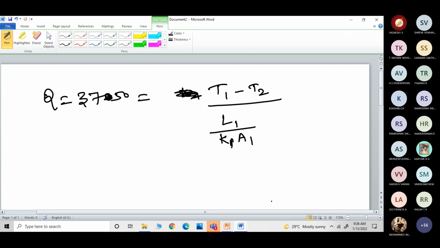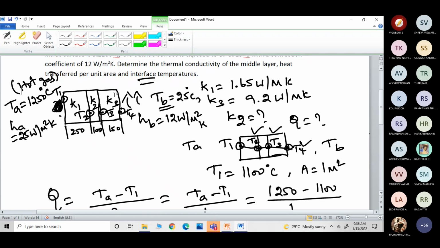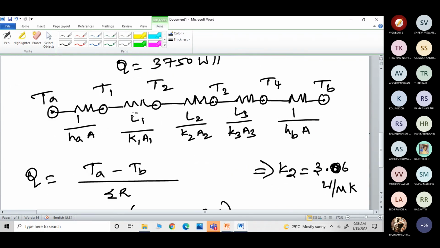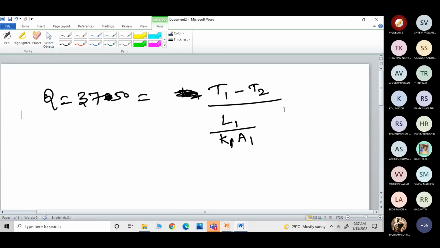In the question, T1 is mentioned as 1100 degrees C, right? So considering the first resistance, T1 to T2 is L1 by K1 A1. We know T1. To get T2, Q equal to T1 minus T2 divided by L1 by K1 A1. That's what I have mentioned here.